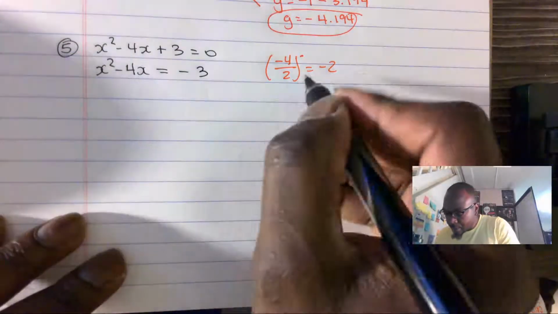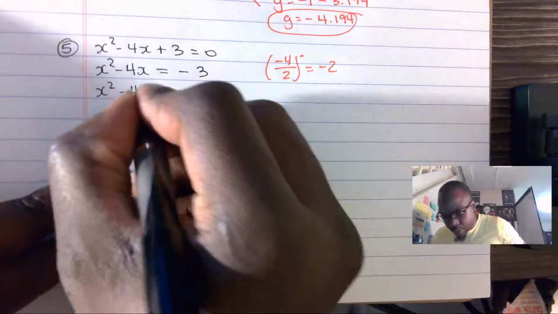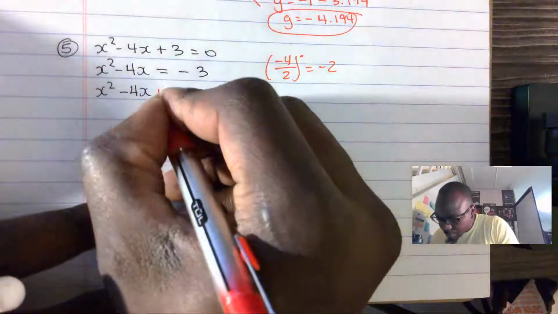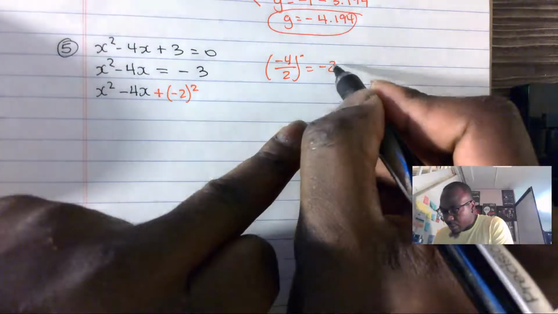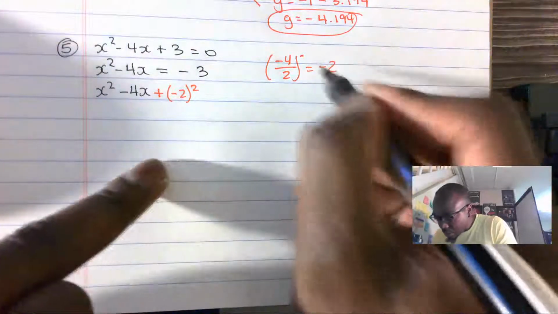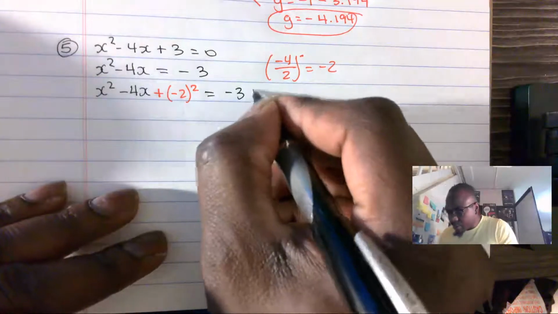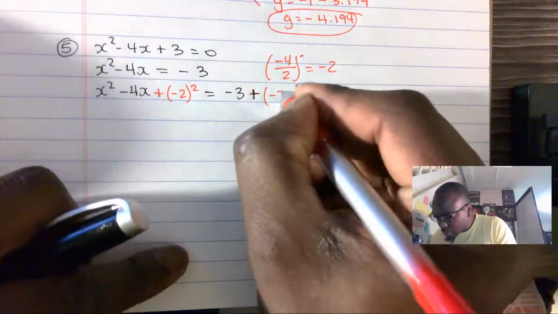So we have x squared minus 4x, and this is going to be plus negative 2 squared. I got negative 2 from here because we do b over 2, which is negative 2. So it equals negative 3 plus negative 2 squared.